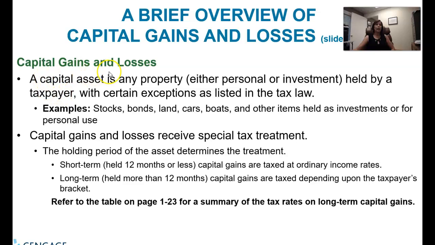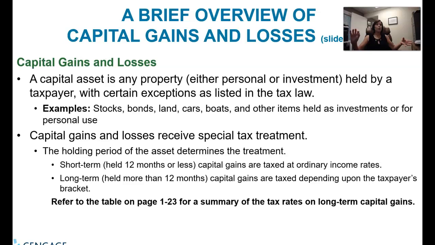But capital gains and losses are generated when we sell a capital asset. Well, what's a capital asset? Stocks, bonds, it could be something large and physical, land, cars, boats, investment property, things like that. And we separate that out from gross income from earnings because we treat it differently.